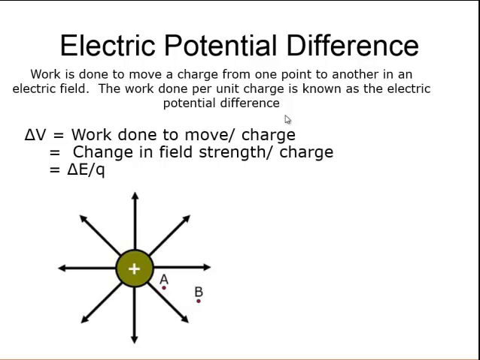This is another way to think about the electric potential difference, another way to work it out when it's changing from one point to another, using that idea earlier on from gradient.